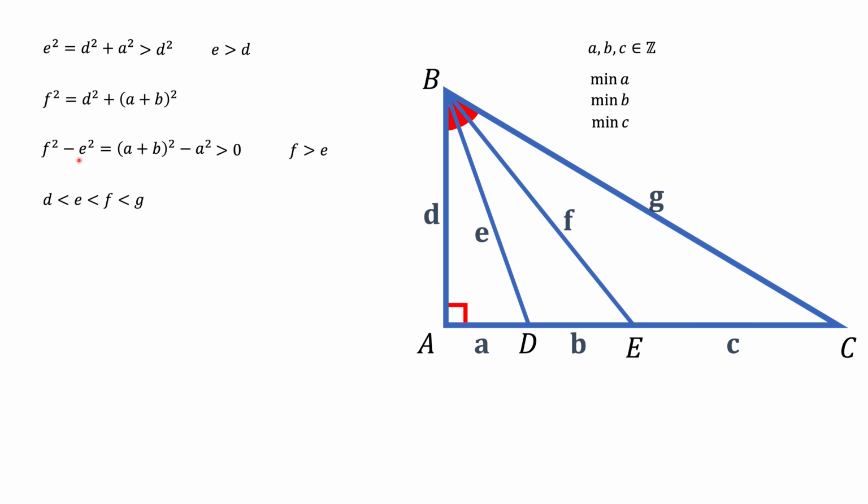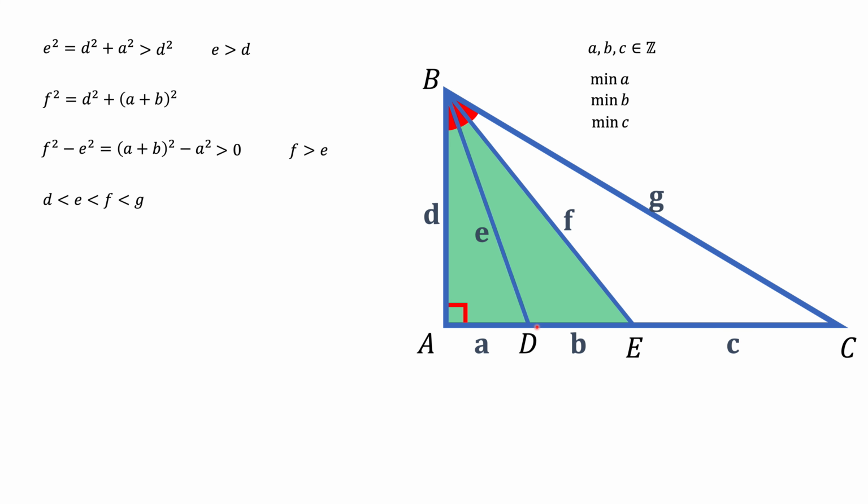We need this relationship to actually find the relationship between a, b, and c. And now we are ready to do that. First of all, let's look at this green triangle, triangle ABE. In this triangle, BD is an angle bisector.